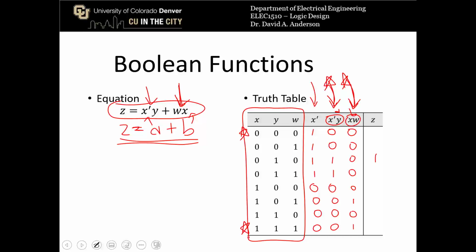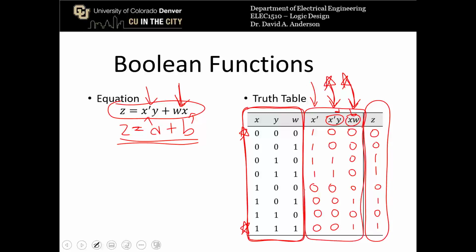So here one of them is a 1, here one of them is 1, here and here. And then I'll fill in the rest being zeros. And so now, based on my inputs, x, y, and w, I know what my outputs are in terms of z. And again, I filled in all of these intermediate values just to help. You don't have to do that, but it does help quite a bit.